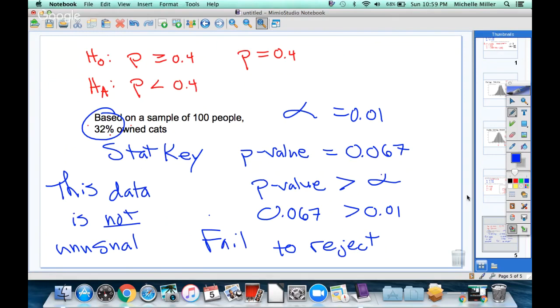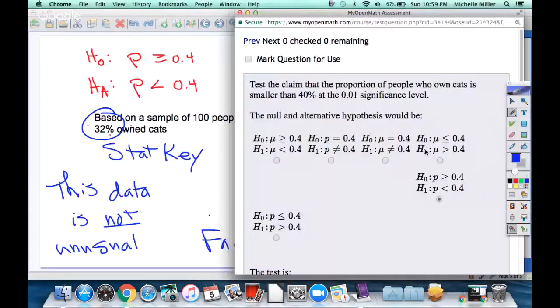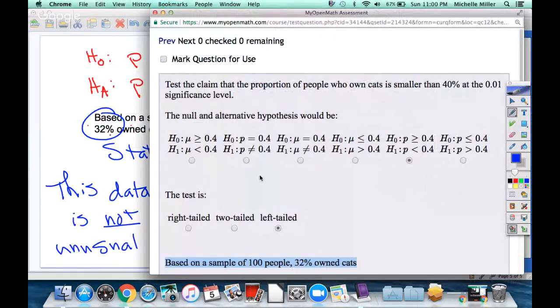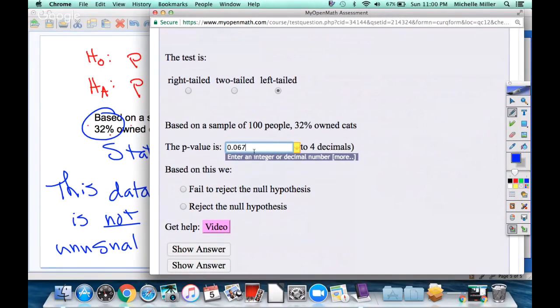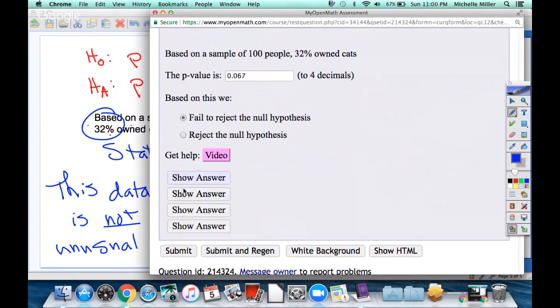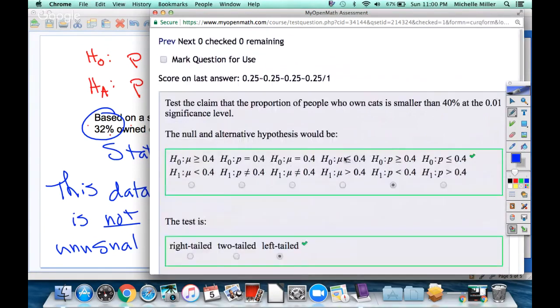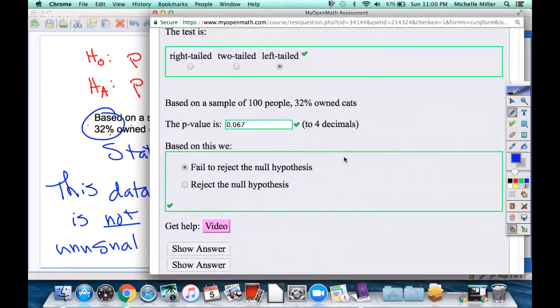So I can just check that out by plugging it back into the system. Let's see, bigger. So we believe our p-value was 0.067, 6.7%, which is not unusual, which means we fail to reject, and submit, and I got them all right.